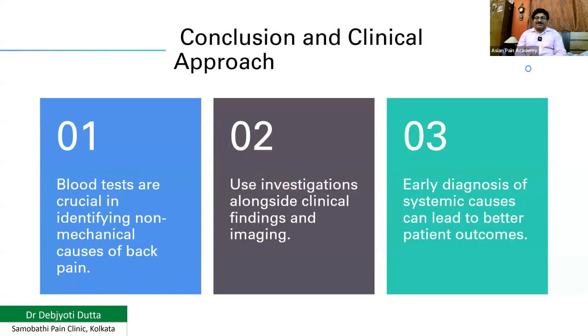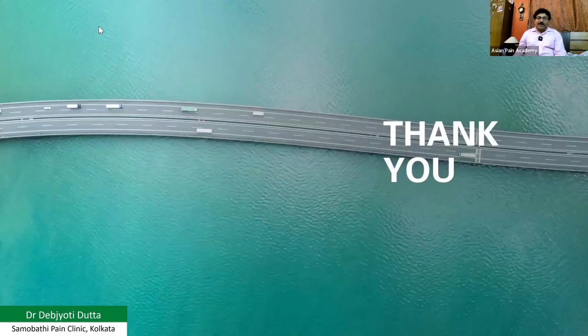They should be used simultaneously with the imaging techniques, and early diagnosis of the systemic causes can lead to better patient outcomes. So it was a very small presentation, but remember, these are the things we commonly encounter in the clinics, and we have to investigate patients with these disorders, and then according to your findings, you can go further forward.